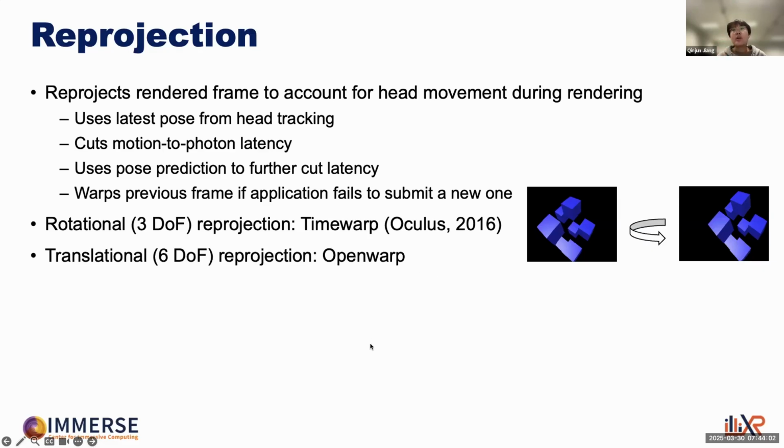But as we all know, the user will not only do rotational movement. We can also do translational movement by walking around. So ILLIXR recently added this functionality of 6-DoF reprojection, or OpenWarp, to account for the translational movement of the user. And we will talk more about this in a later session as well.